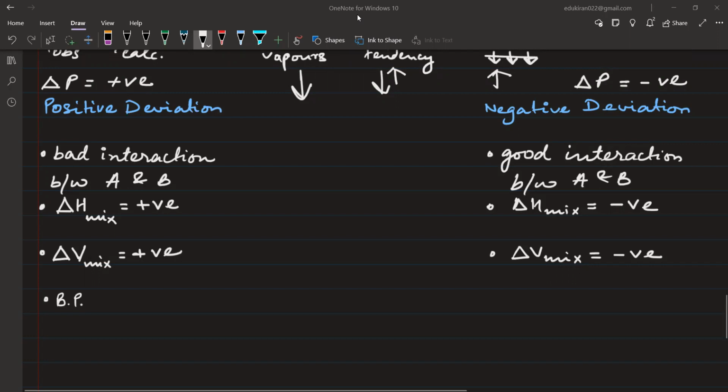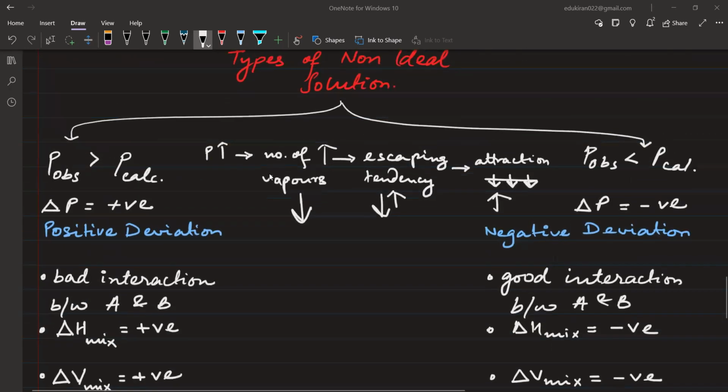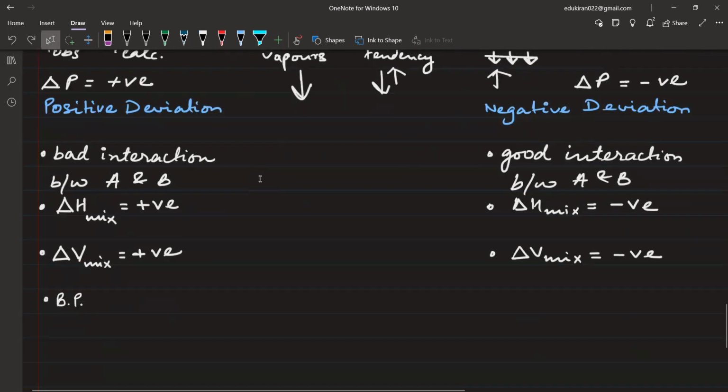What is boiling point? The temperature at which the vapor pressure of the mixture or the liquid becomes equal to 1 atm. When we already have higher vapor pressure, it will be easier to reach the boiling point. So that is why the boiling point will be lowered. It is reached easily.